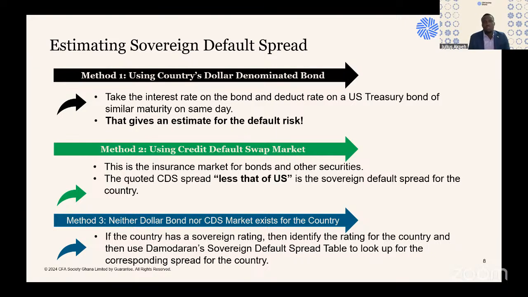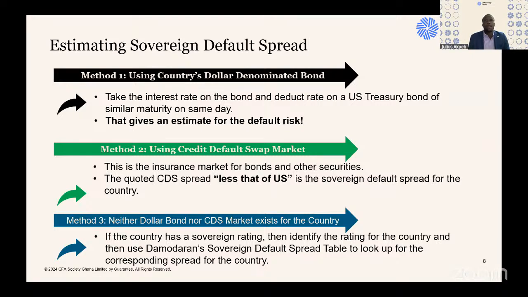You subtract the yield on the US 10-year bond from the 10-year Eurobond issued in dollars, and that difference is the sovereign spread. In fact, it's a better measure of sovereign spread than the rest of the measures.